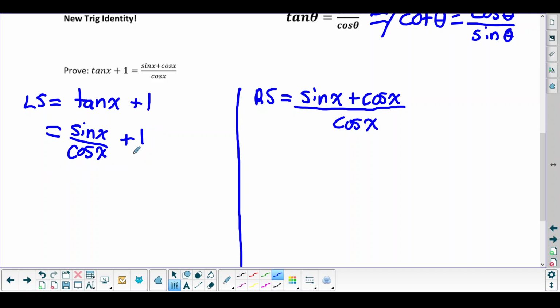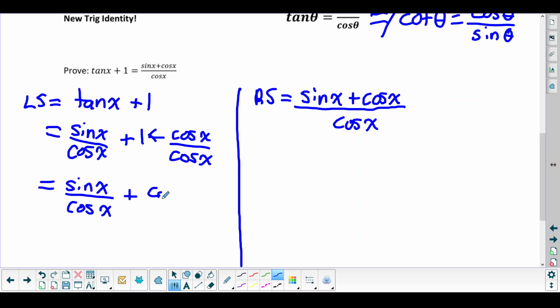So if I make 1 into cos x over cos x, then I'm adding fractions. Maybe that will help. Sine x over cos x plus cos x over cos x, or cos x over cos x is equivalent to 1, and now we have common denominators, so we can combine these fractions.